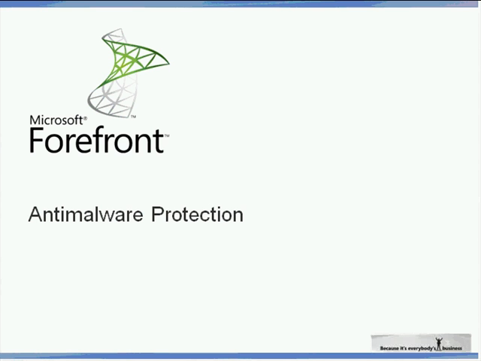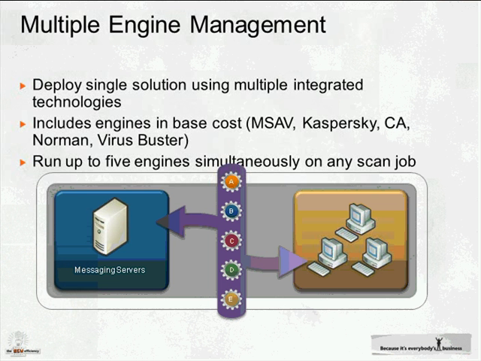Let's now have a look into the anti-malware protection mechanisms of Forefront Protection for Exchange. So Microsoft Antivirus, Kaspersky, CA, Norman, VirusBuster, minus the Sophos and the Authentium, 5 engines consistently provide the highest detection rates against the competition and represent an average response of 3 to 6 hours for new viruses, providing superior anti-malware protection compared to our competition.